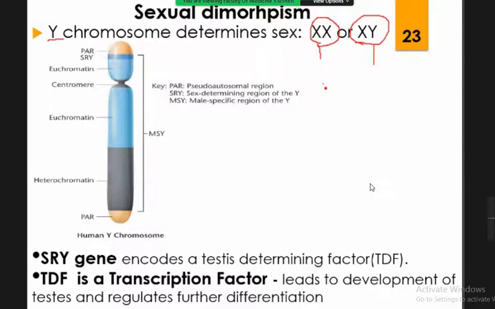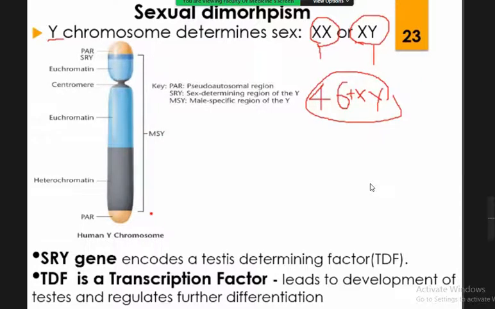So you remember things like the 46,XY, or 46,XX, depending on how they are writing it. So when it comes to sexual dimorphism, we say that the Y chromosome determines sex, and what you see here is a Y chromosome.